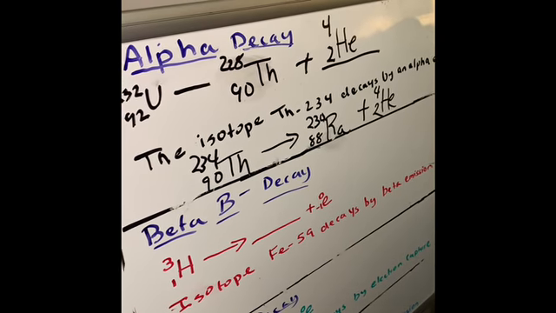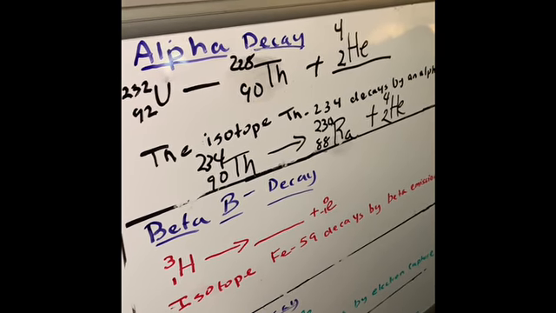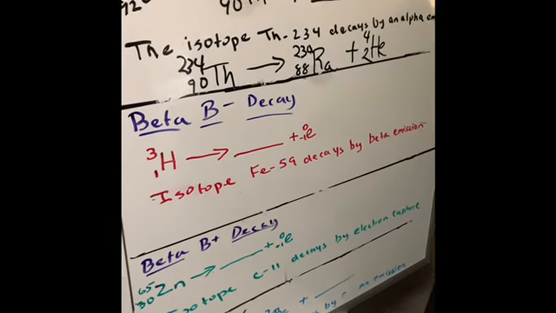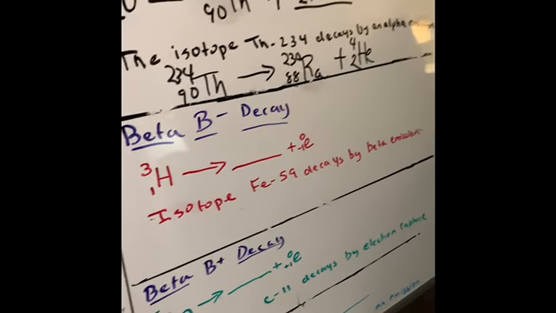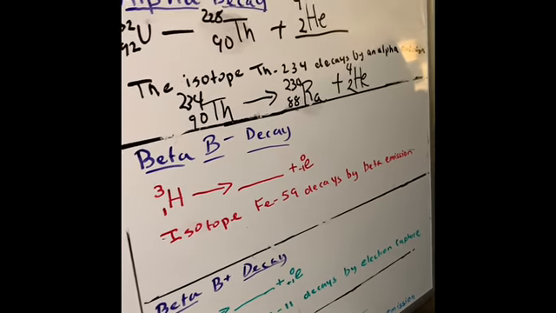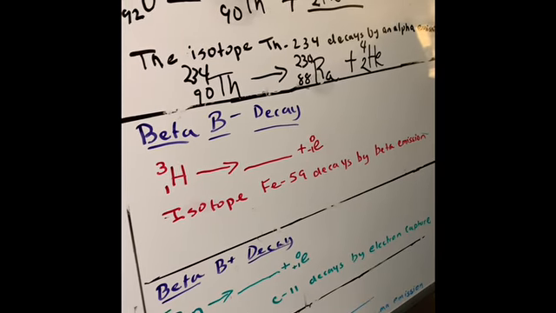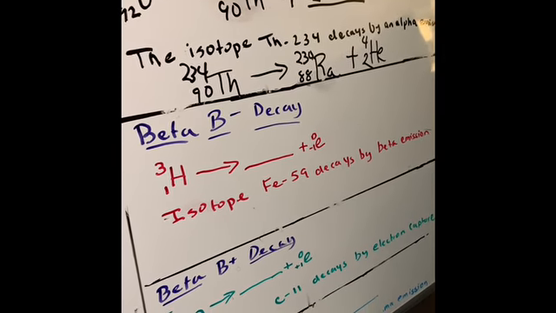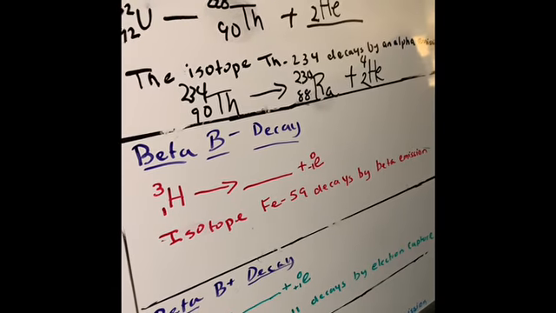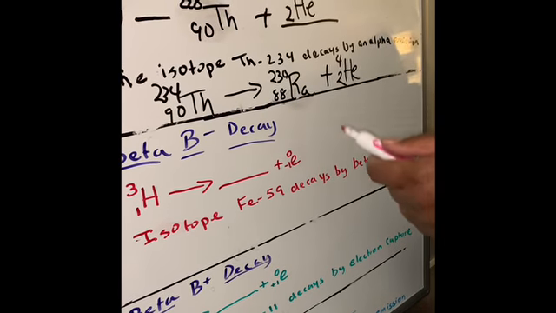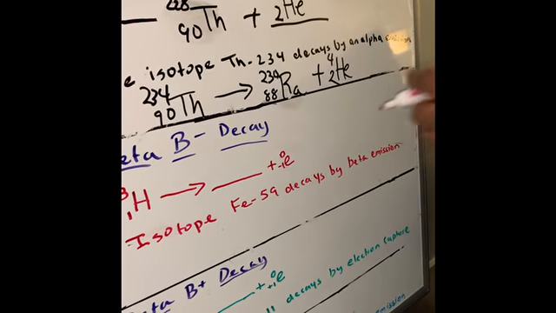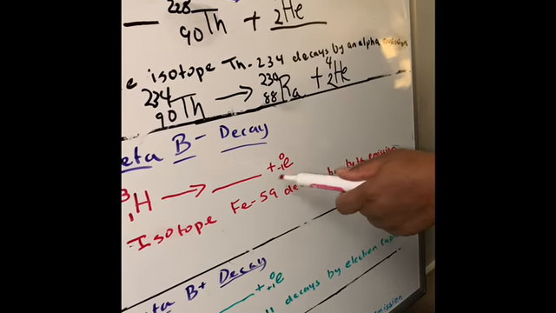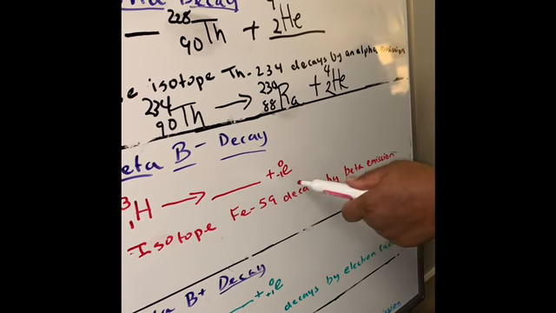So now let's move to beta decay. Beta decay is just what we reviewed before. We're going to see an increase in the atomic number while the atomic mass is going to stay the same, and we're going to actually lose an electron, which is why you see the -1 here.